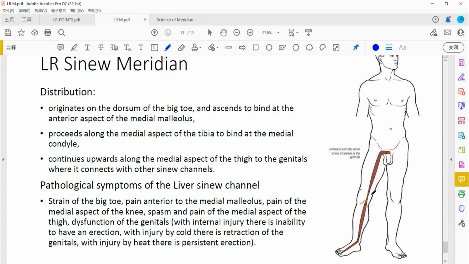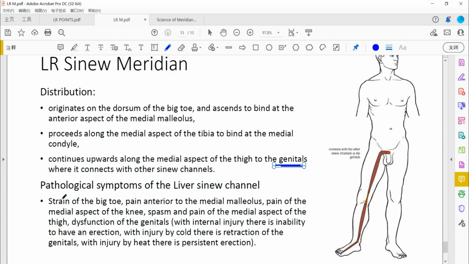Continue upward along the medial aspect of the thigh to the genitals again, where it connects with other sinew channels.